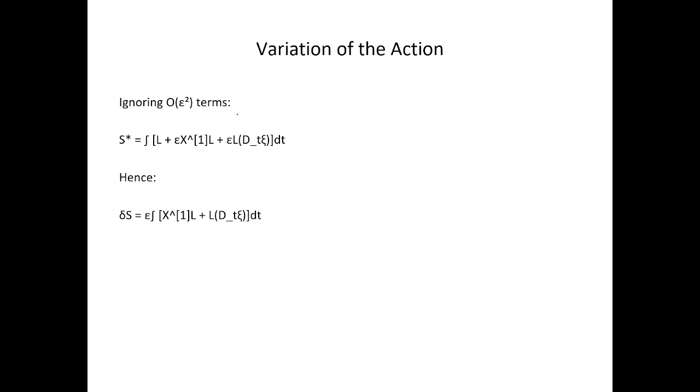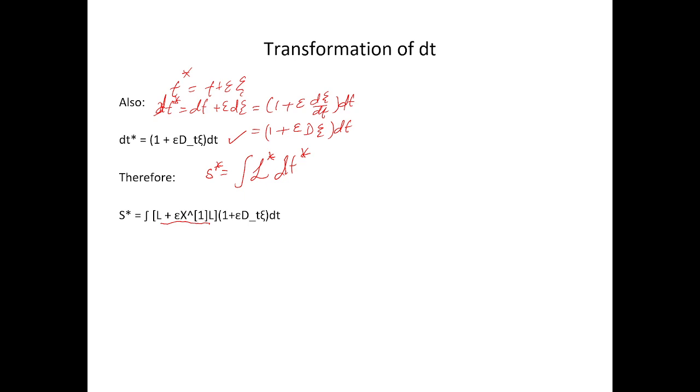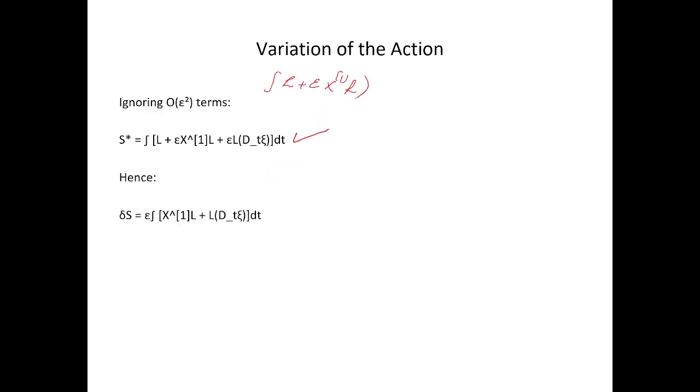So from there we can have these three terms. You see L plus epsilon X1 L, multiplied with dt star, that is 1 plus epsilon d xi, and dt.